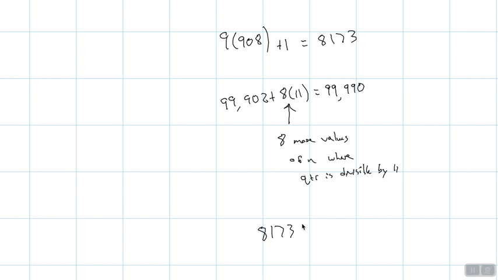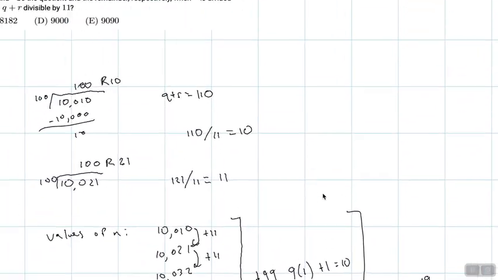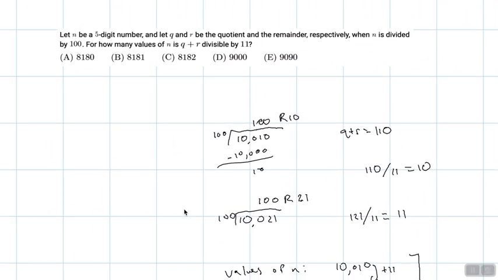So 8,173 plus 8 is 8,181 values of n where q plus r is divisible by 11, and that is our answer. So the answer is choice B.